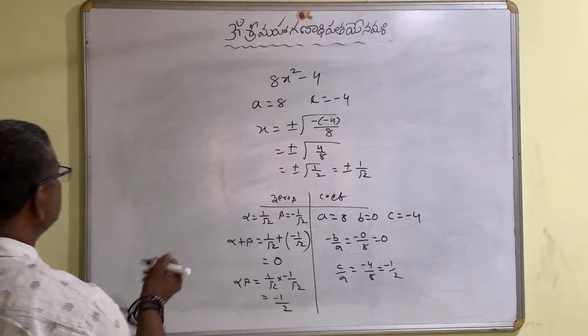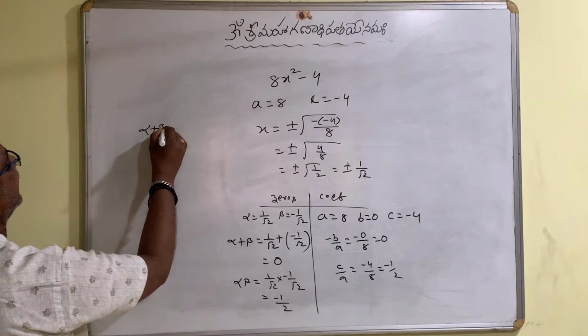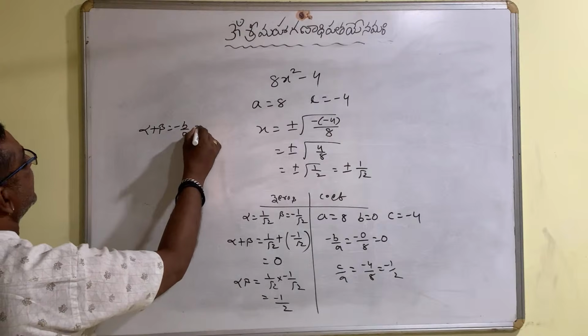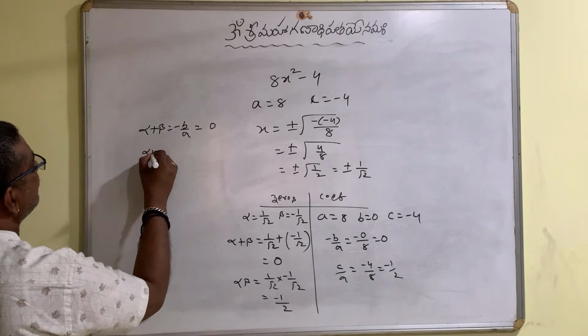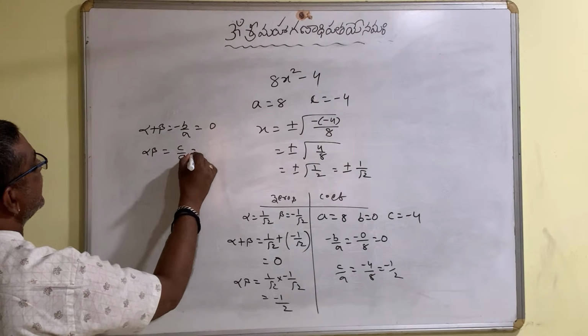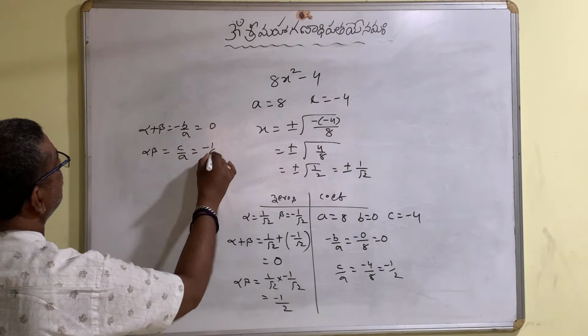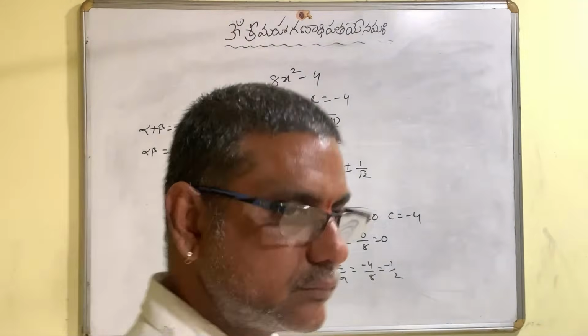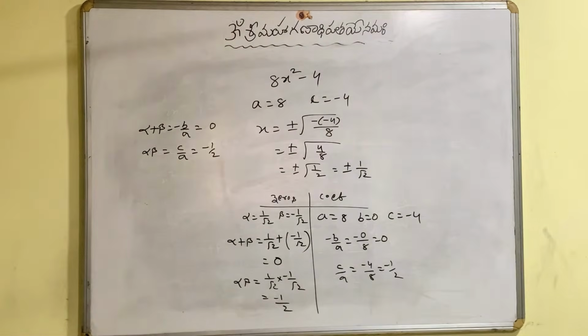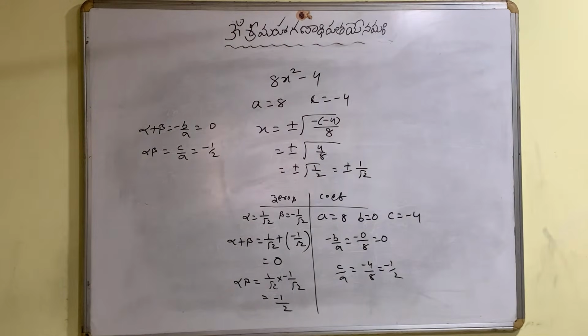So the conclusion is alpha plus beta and minus b by a are both equal to 0. Alpha beta and c by a are both equal to negative 1 by 2. Okay na? So this is a very, very important model, children.